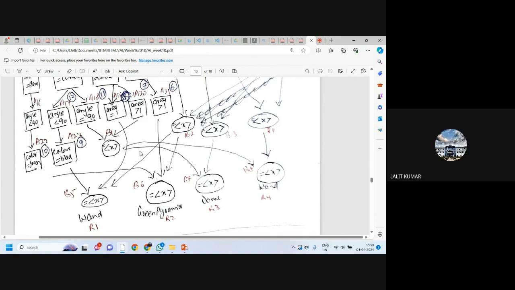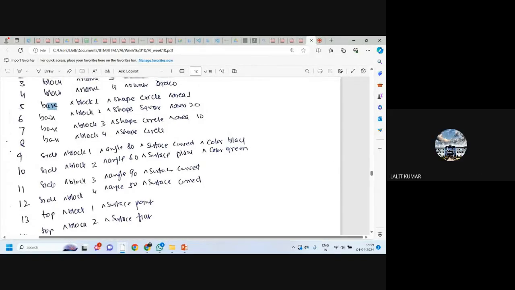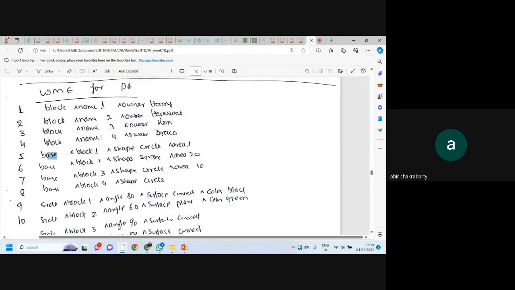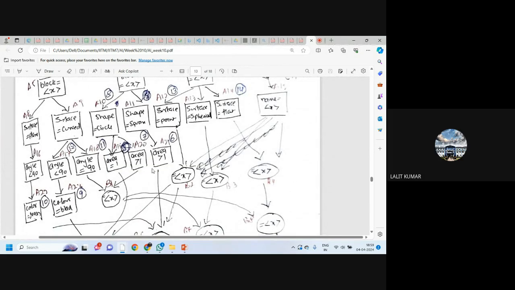And with that it will take some name also. So in 11 and 7, which blocks are there? 7 and 11 are block 3. So it will take WME 3. So 3, 7, and 11. So that is our third entry, right?